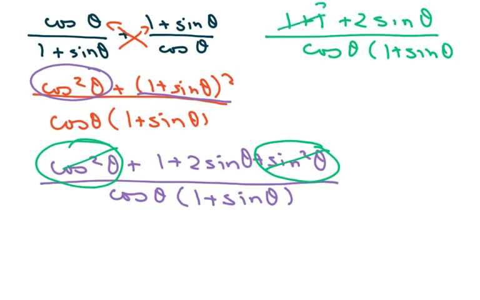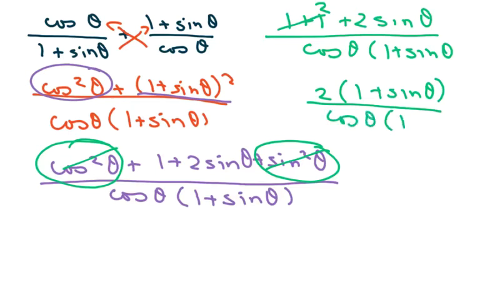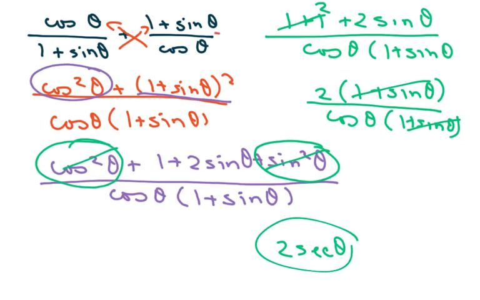Now this equals 2, so I'm going to factor out a 2, and I get 1 plus sine of theta over cosine of theta times 1 plus sine of theta. This cancels, and this is going to be 2 secant of theta. And I already realized I forgot to write that down here. This is supposed to equal 2 secant of theta.